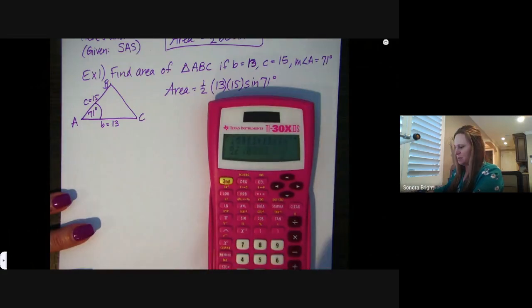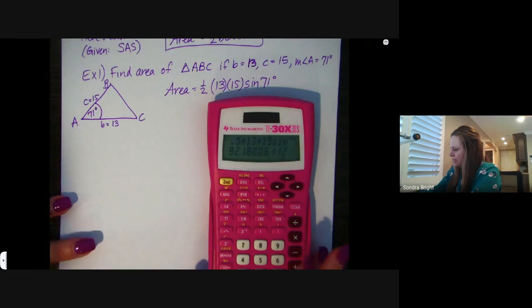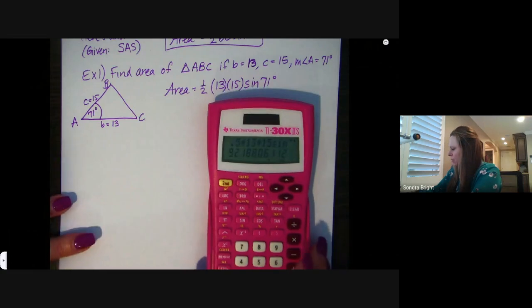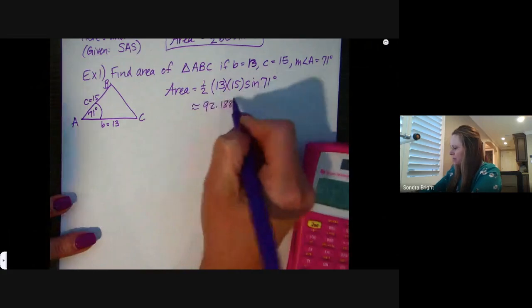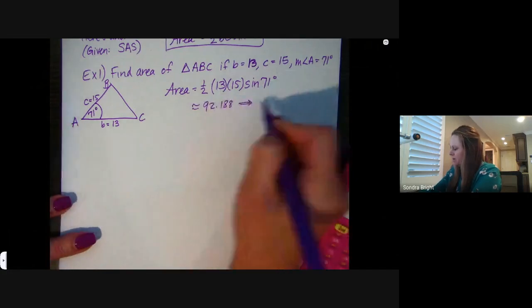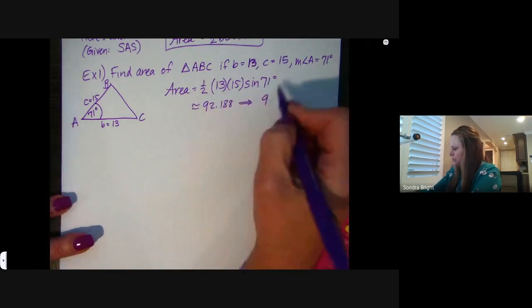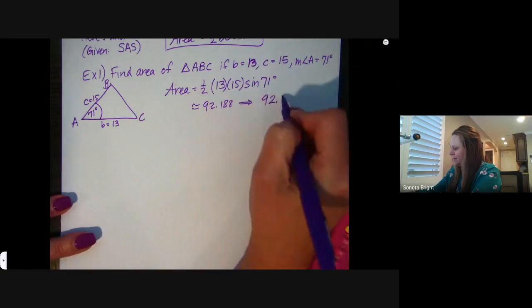That's 92.188. Did it tell me where to round to? Of course not. All right, well, let's go to 2 decimal places. So I'm going to give an answer of the area is 92.19, rounding to 2 decimal places.